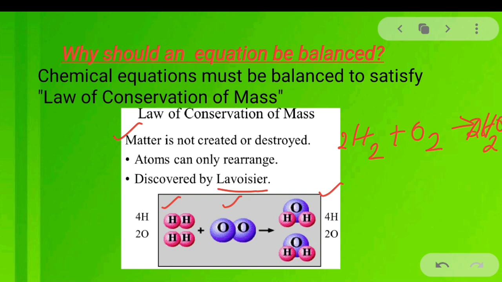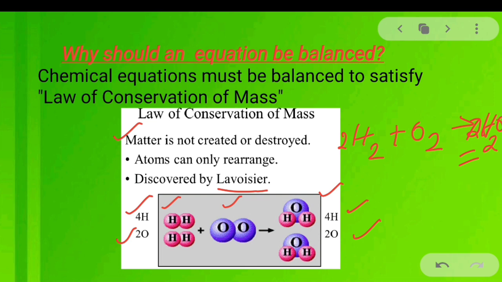Now, if you calculate the number of atoms present in the reactant side, the left hand side, it is equal to 4 hydrogen atoms and 2 oxygen atoms, and the number of atoms we are getting in the right hand side is also equal to 4 hydrogen atoms and 2 oxygen atoms, that is present in 2 molecules of water.